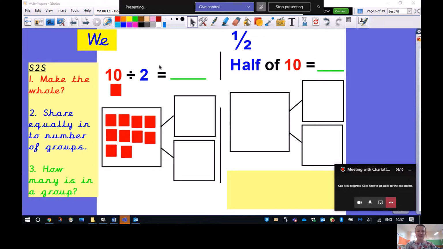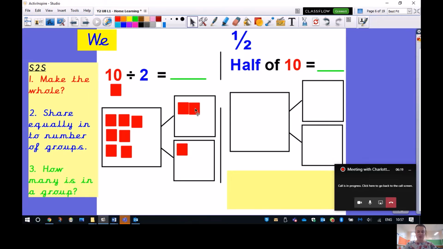I need to share it equally, step 2, into 2 groups. 1, 2, 3, 4, 5.